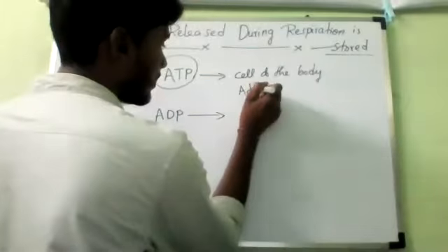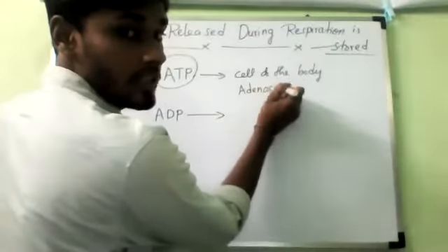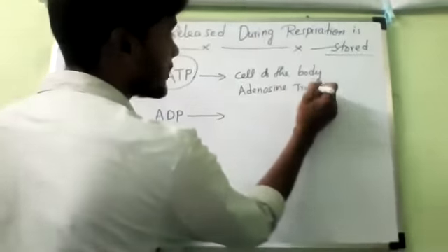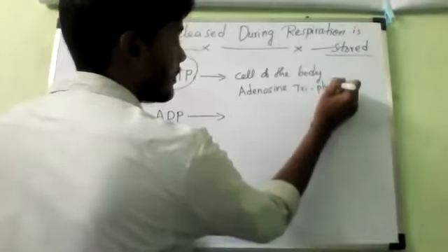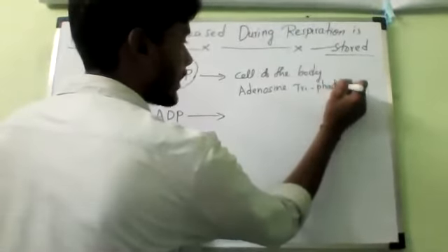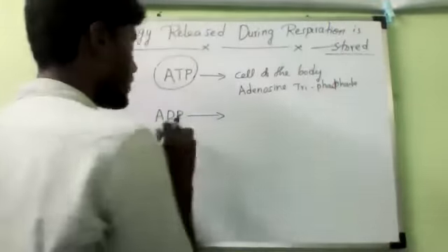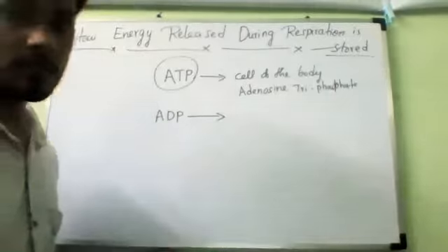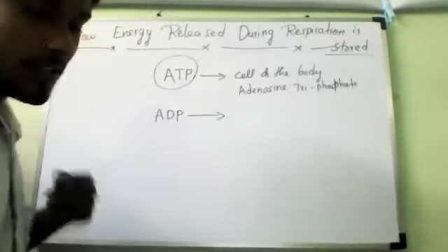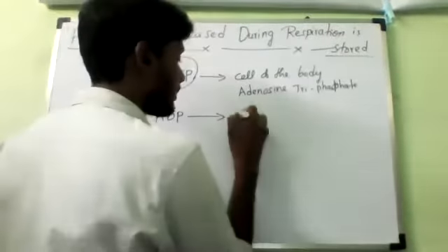ATP means adenosine triphosphate. Now what is ADP? Adenosine diphosphate.